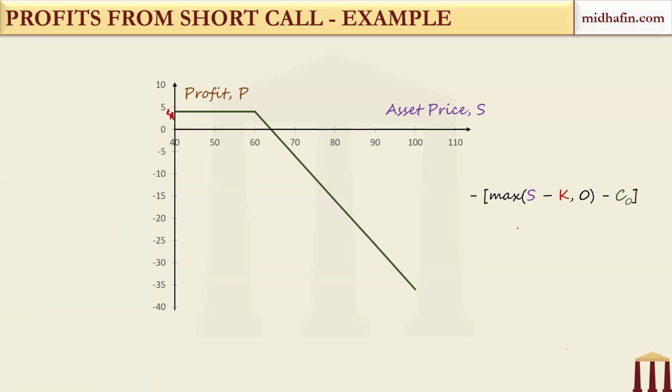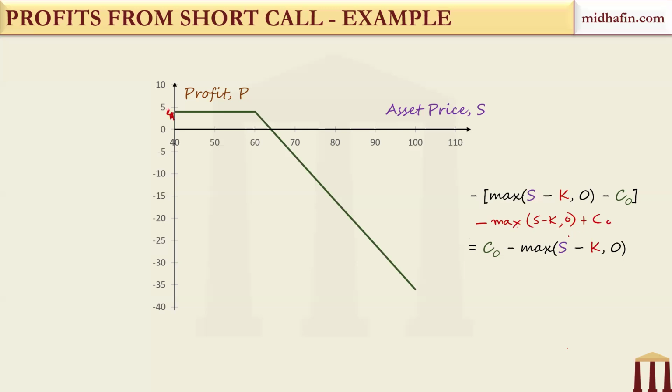So if you open the brackets and remove this negative sign, you'll get something like this. In fact, even a better way to write this is negative max(S minus K, 0) plus C naught.